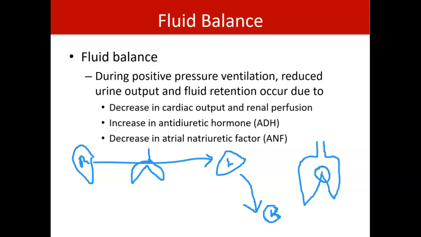When I'm using positive pressure ventilation, instead of having negative pressure opening my lungs up, I'm using positive pressure. So there's all this excessive positive pressure in the thoracic cavity, meaning there's more pressure on the outside of the right side of the heart, meaning there's less volume, less preload, less venous return coming into the heart.